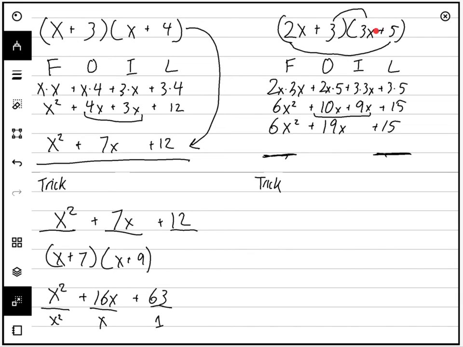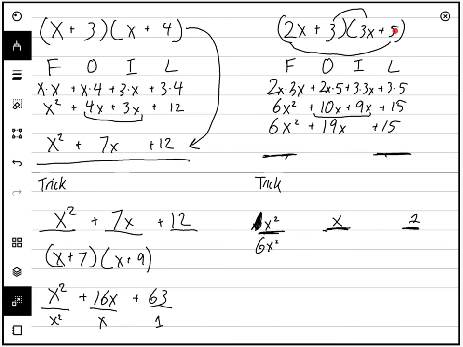So first it's going to be these two combined, which is 6x squared. And let's just remember, the form is always going to be x squared, something x, and some number. So this is the form. The first ones multiplied give you 6, so it's going to be 6x squared.